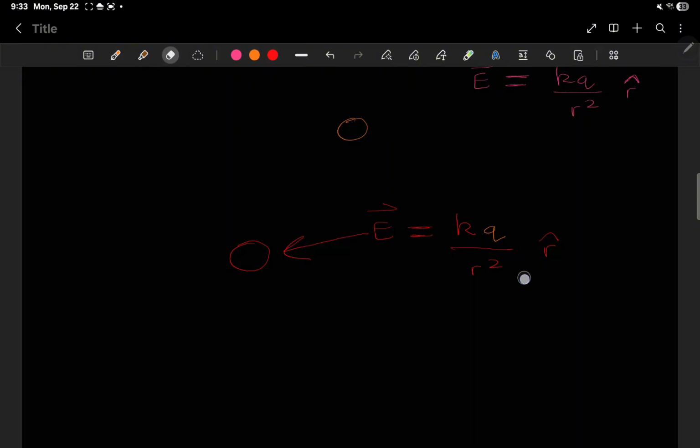However, if the source charge, the one in orange, is very strong, it has a massive charge, like plus 1 million or something, then the electric field experienced by this red guy will be even stronger, so even higher.